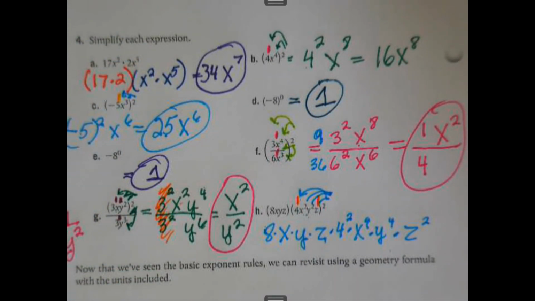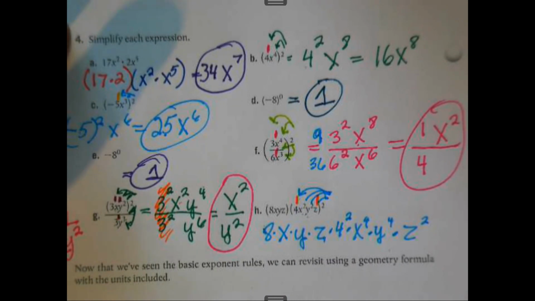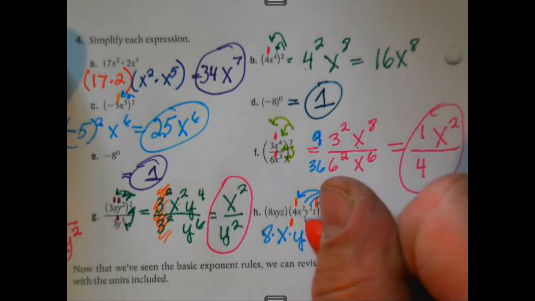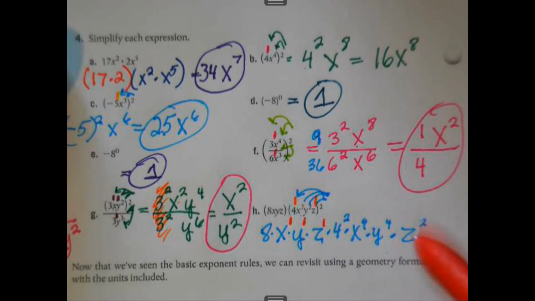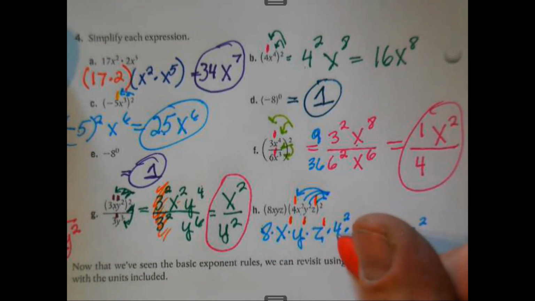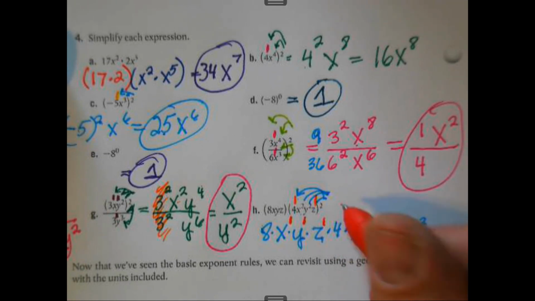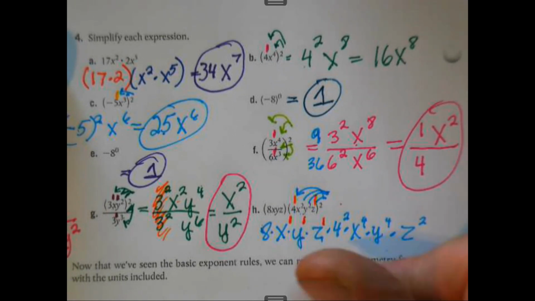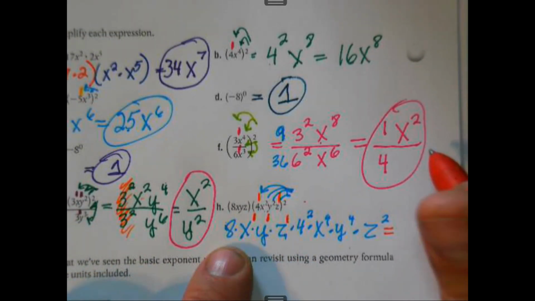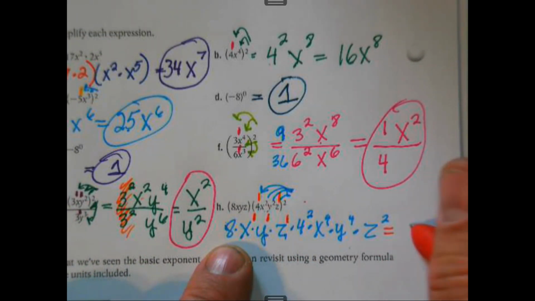Now you can either put all these in order, or you can probably do a lot of this in your head. Don't forget, there's no exponent there, it's a 1. Okay, 8 times 16 equals, let's see, 48, carry the 4.